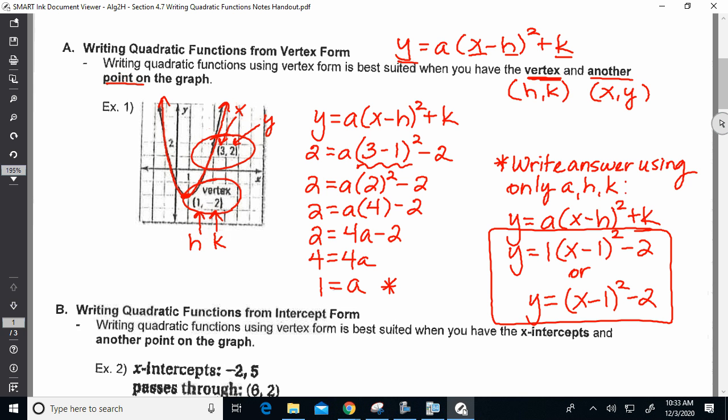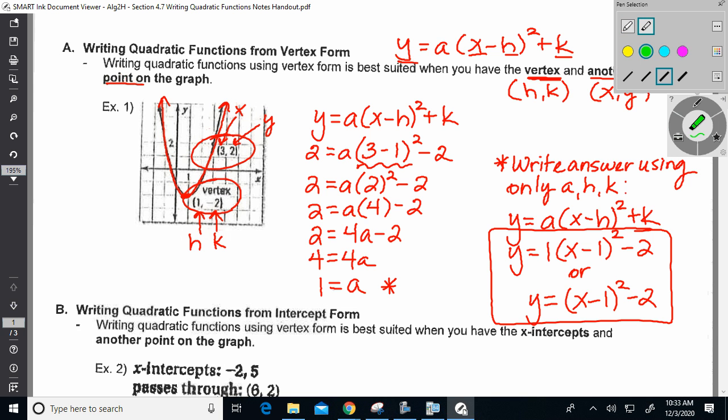Plug in what you have, solve for what you don't. And the key thing is when you write your answer, you only write your answer using a, h, and k.